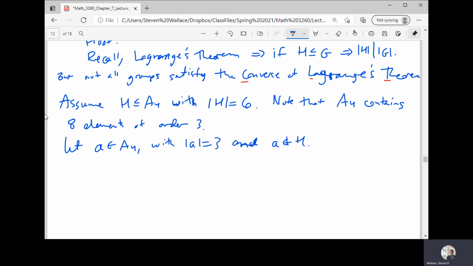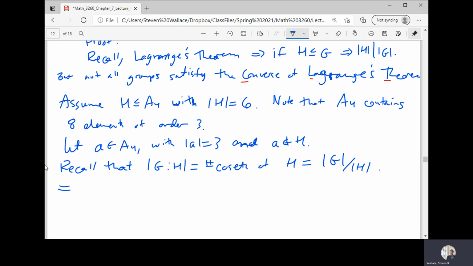Well, one other thing that Lagrange's theorem says is that the index of a subgroup H, which is the number of distinct cosets of H, is just the order of the group divided by the order of the subgroup.